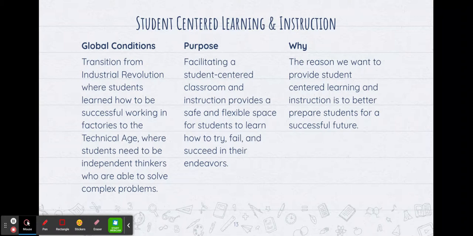The purpose is that we provide safe and flexible spaces for students to learn, to try, to fail, to get up and succeed and try and fail again in their endeavors. We'd like for them to be able to transfer that skill from the school classroom setting into the real world. The reason we want to provide student-centered learning and instruction is to better prepare students for a successful future.